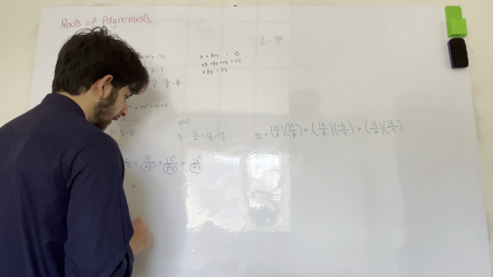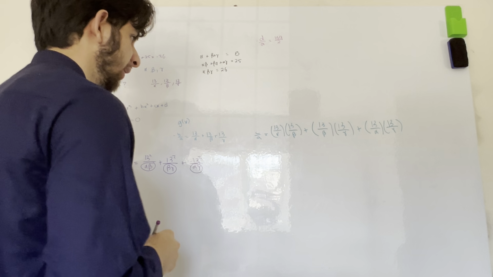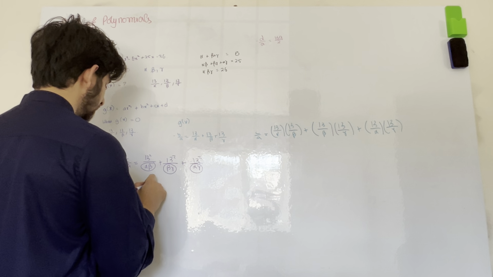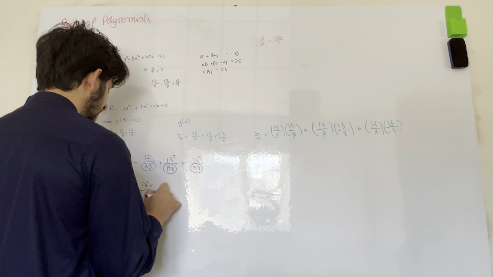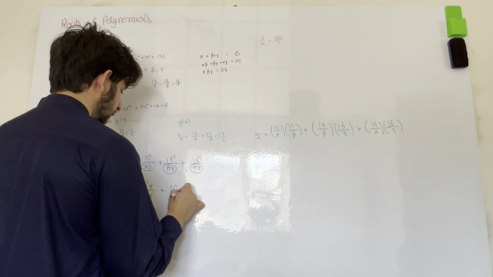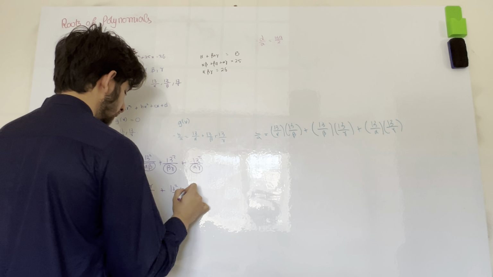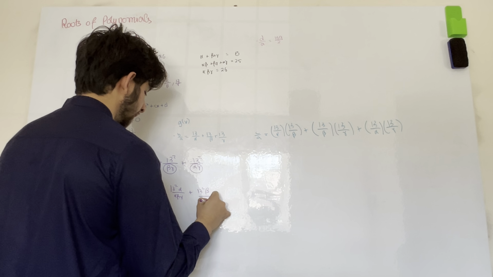So a trick in the algebra is to multiply the top and the bottom by the same thing that the fraction is missing. You can say 13 squared times gamma over alpha beta gamma plus 13 squared times alpha over alpha beta gamma plus 13 squared times beta over alpha beta gamma.